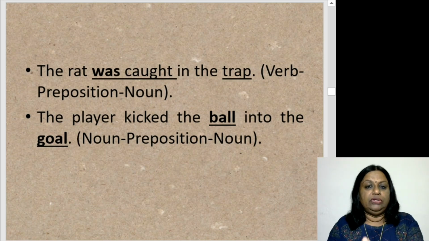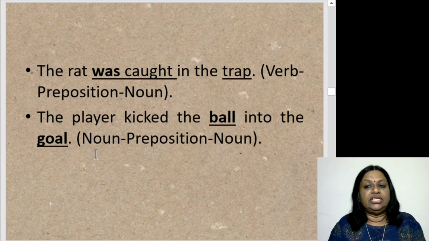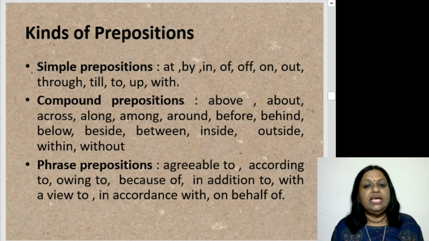So the relationship between caught and trap is made clear by the preposition "in." Similarly, ball, goal, the action becomes clear with the preposition "into" too. Okay, so that is how important prepositions are.